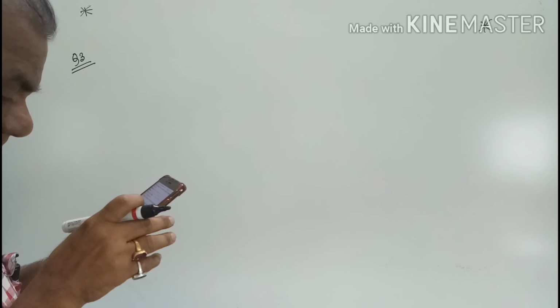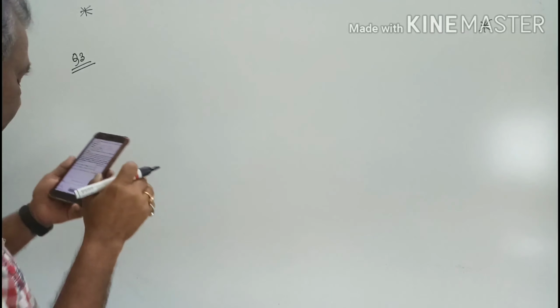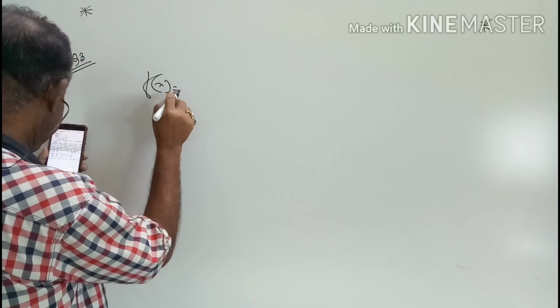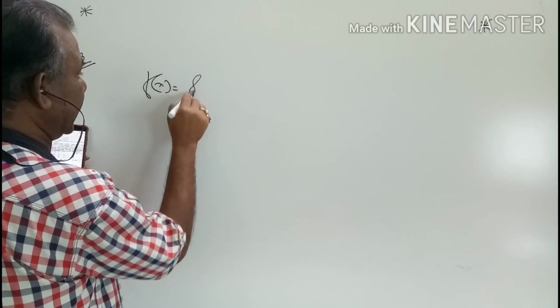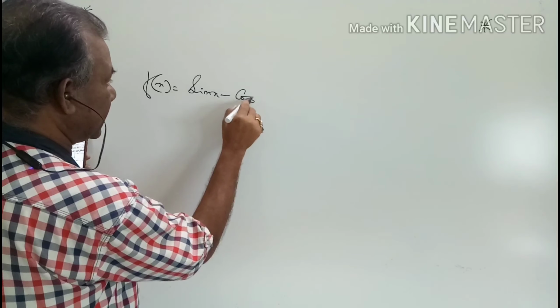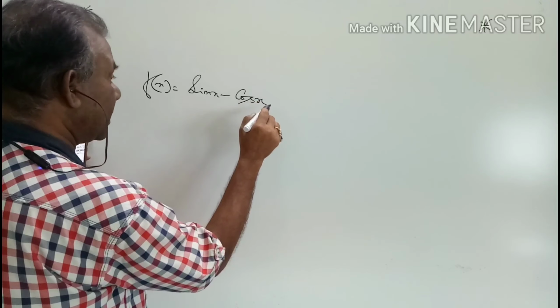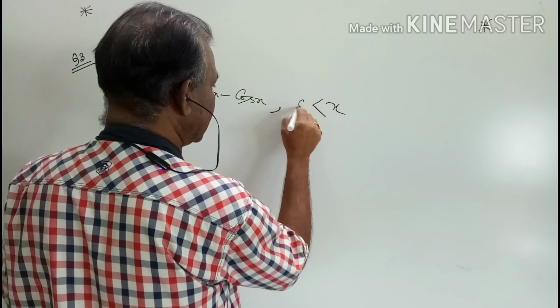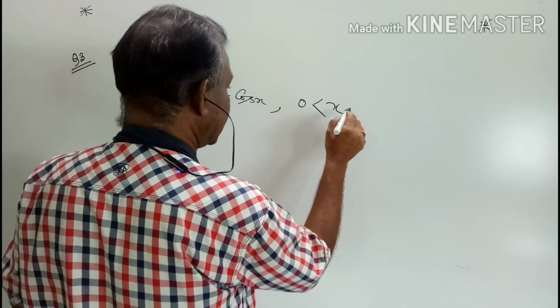Next, f(x) equals sin x minus cos x, where x is greater than 0 but less than 2 pi.